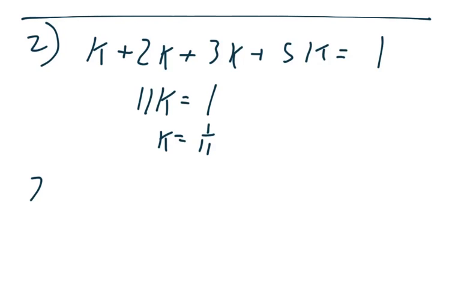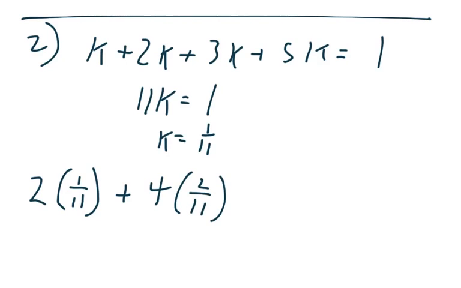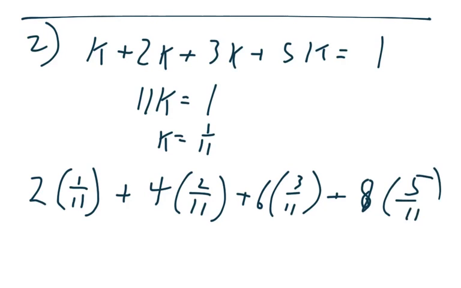Now, when we do this, to find the mean, we would do 2 times 1 over 11 plus 4 times 2 over 11, because 2 times 1 over 11 is 2 over 11, plus 6 times 3 over 11, plus 8 times 5 over 11. And you can do this using the table, or you can just plug these in. And when I multiply them together, I get 6.18 is the mean.